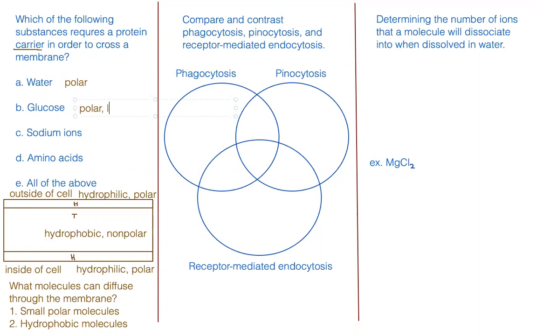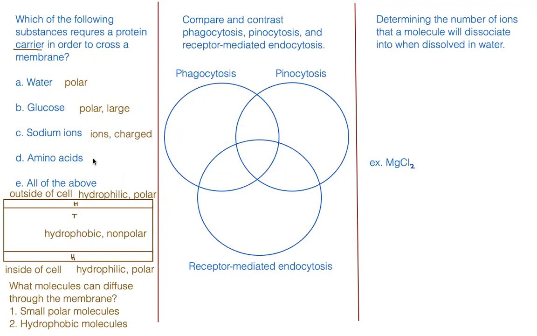This is polar and large, so this will also need something to pass through. Sodium ions, not so much: ions react very harshly with the hydrophobic part of the membrane, so these are charged and will definitely need a transport protein.